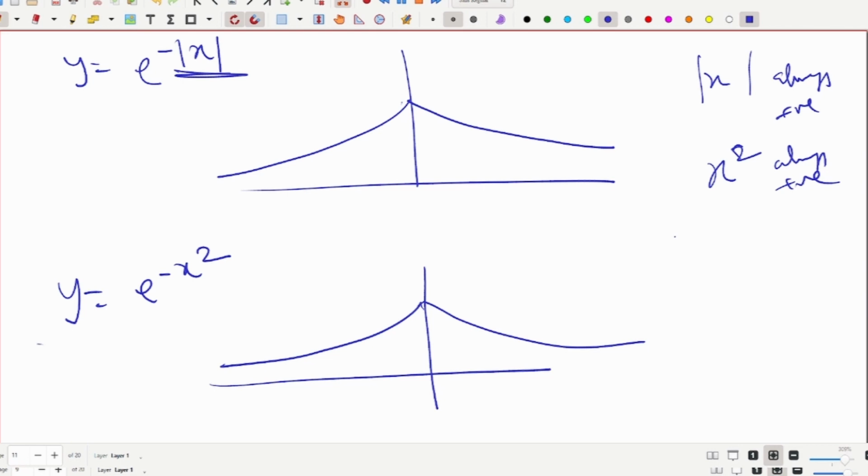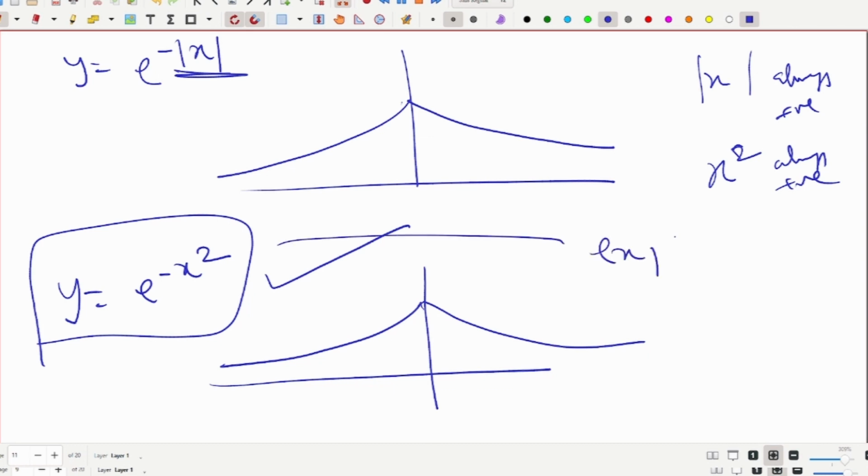So, this is what we are going to use. y is equal to e to power minus x square, or it is also written as exponential minus x square, or 1 upon exponential x square. Okay. So, this is the base, y is equal to e to power minus x square is the basics of this complete normal graph.